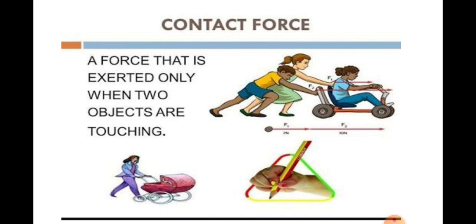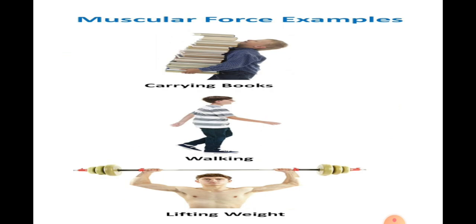So let us now discuss muscular force in detail. These are some of the examples of muscular force: carrying books, walking and lifting weight. Let us understand with the help of one example. Suppose a book is lying on a table, and to lift this book from the table, some force is required.